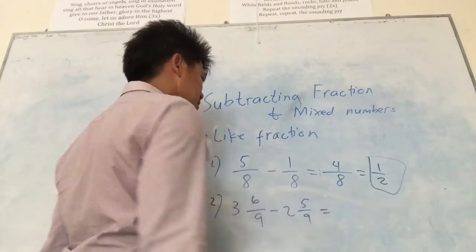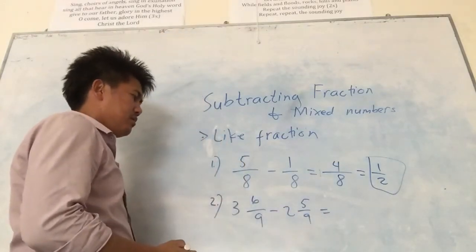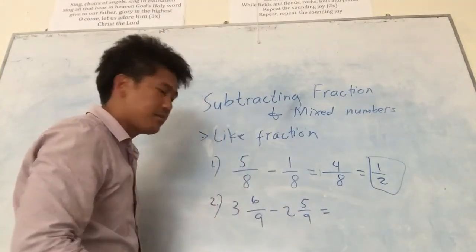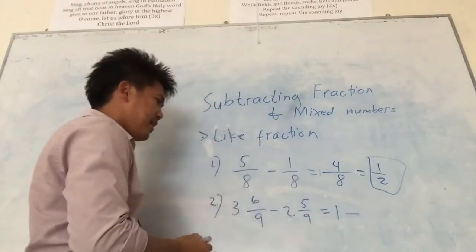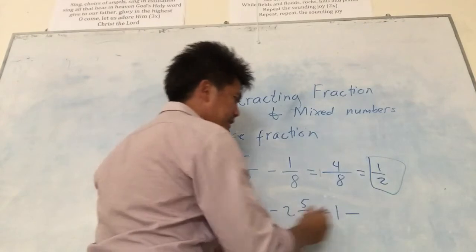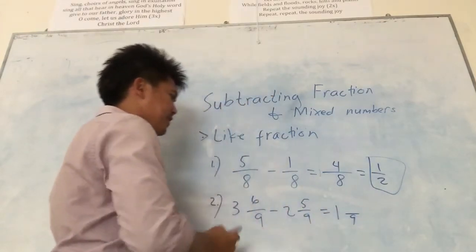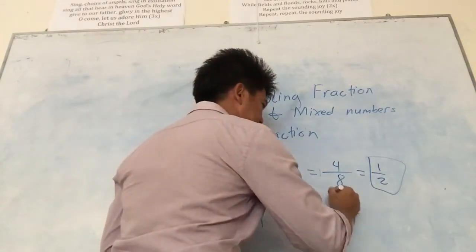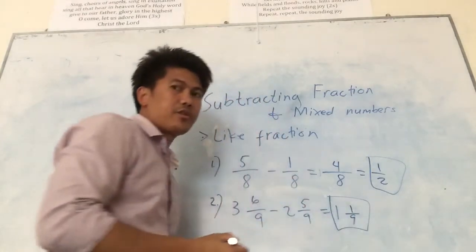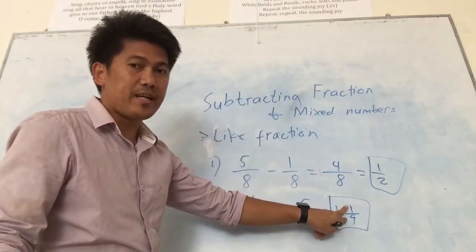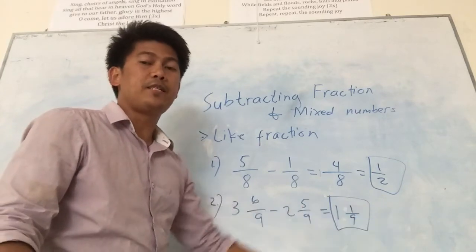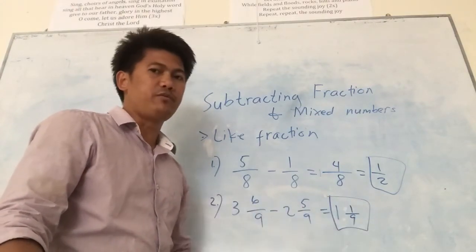Okay, so you subtract first the whole number. 3 minus 2 is 1. Yeah, then copy 9 as your denominator. Then 6 minus 5 is 1. This is your final answer. If the fraction here is not yet simplified, then do the simplification. Find the GCF and solve.